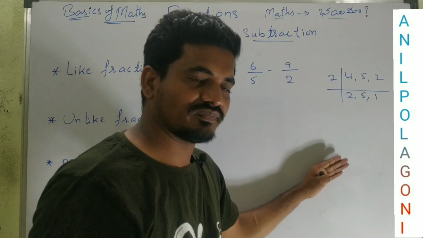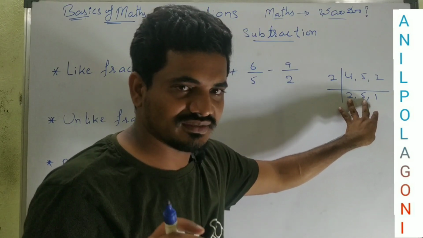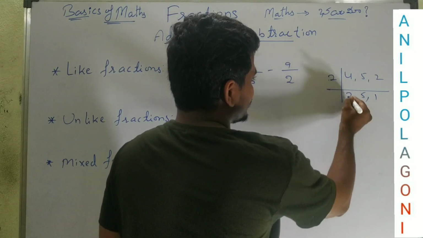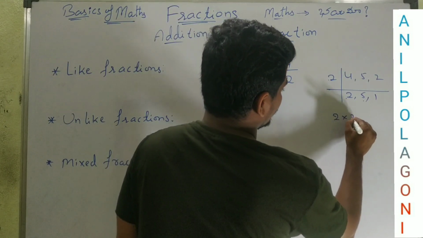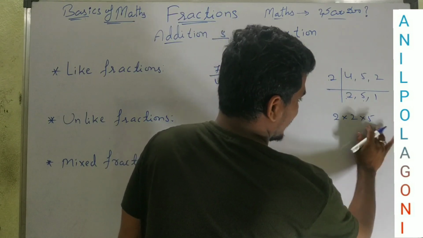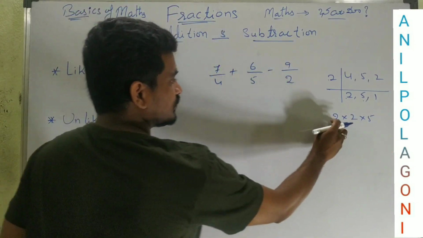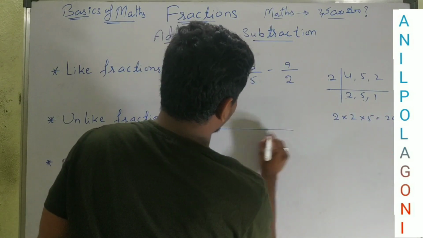Co-primes means they should not have any common factor. Look here: 2 is there, 2 is there, 5 is there. Now, 2 into 5. With the help of these numbers we can solve the entire sum. 2 2s are 4, 4 5s are 20. 20 is the LCM.